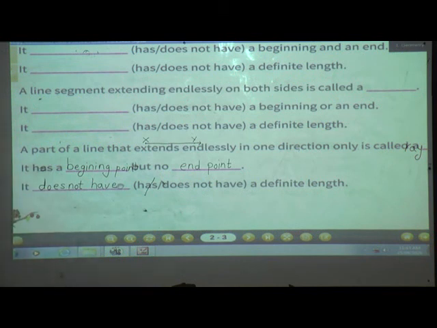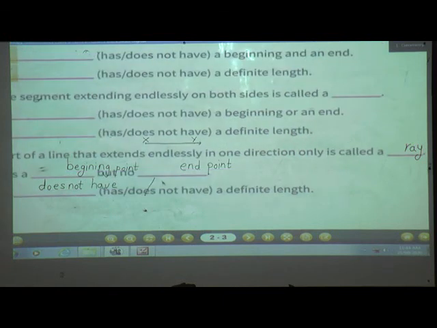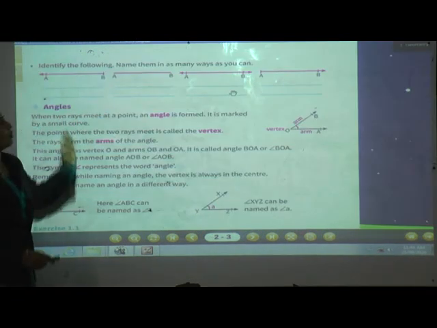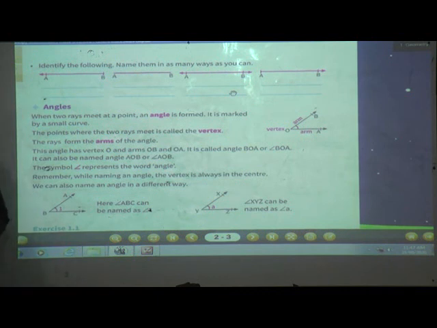So students, you have given me good answers. Now we will start our new page. Here is a question. Identify the following. Name them in as many ways as you can. Just now we have studied point, ray, line segment and line.